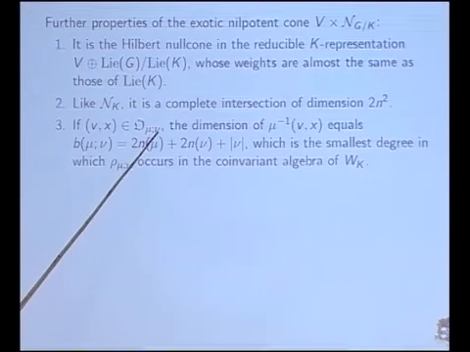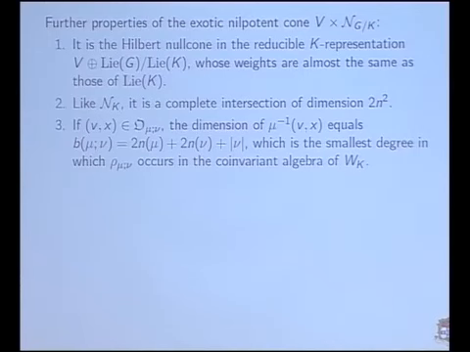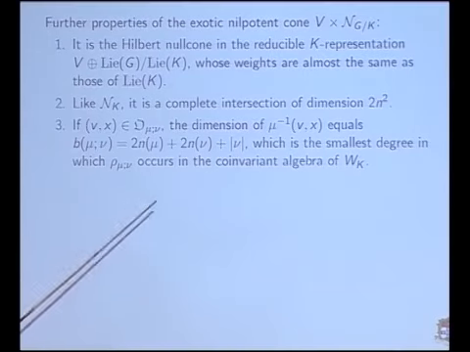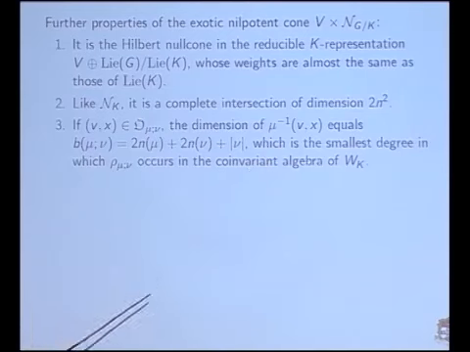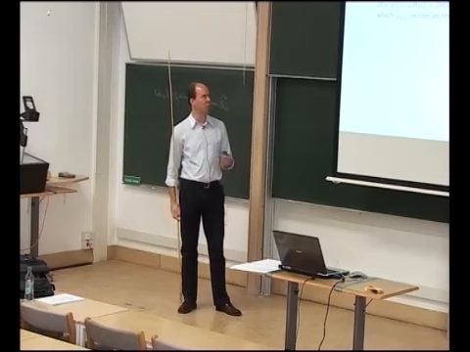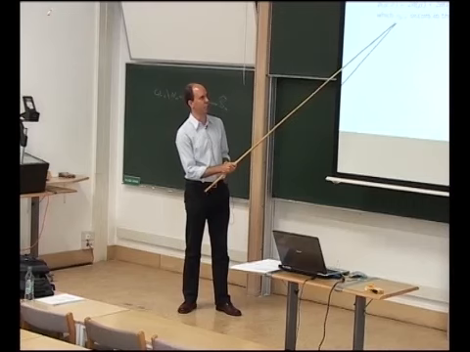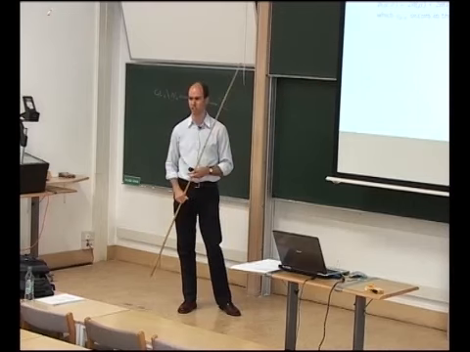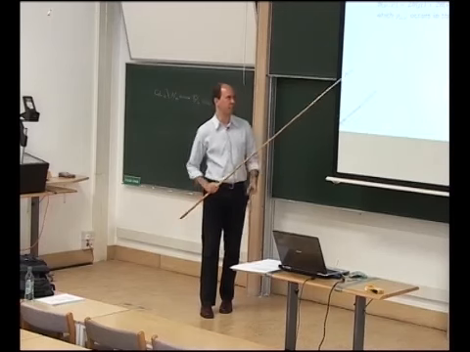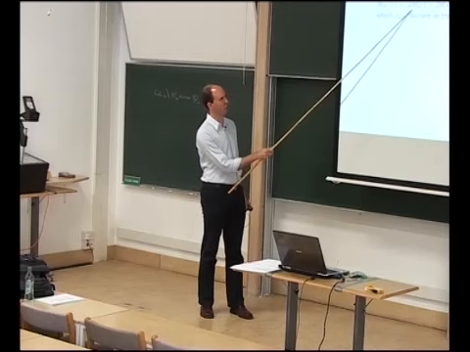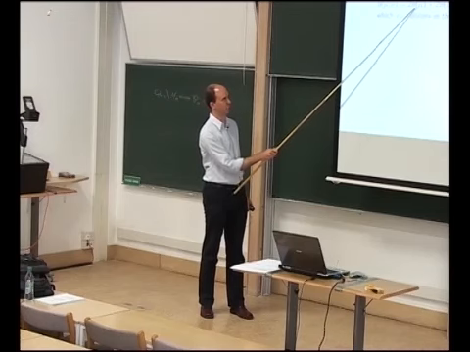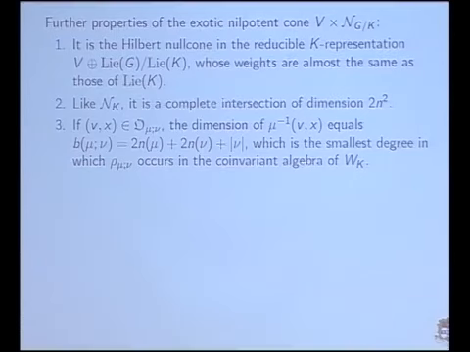One very nice feature of Kato's case is that the so-called A function equals the B function. If you take an element of his exotic nilpotent cone in the orbit corresponding to the pair mu nu, then the dimension of his version of the Springer fiber, which you might call the Kato fiber, this fiber that I talked about on the previous slide, that's the A function of this element, and it equals the B function, namely the smallest degree in which this irreducible representation of W occurs in the covariant algebra.